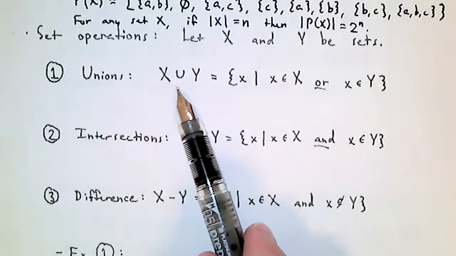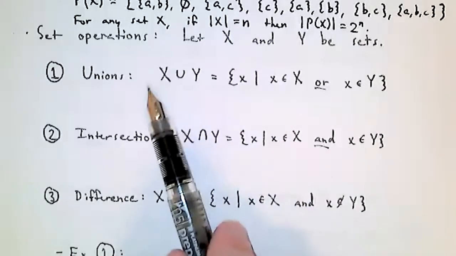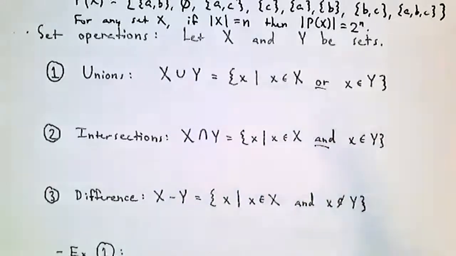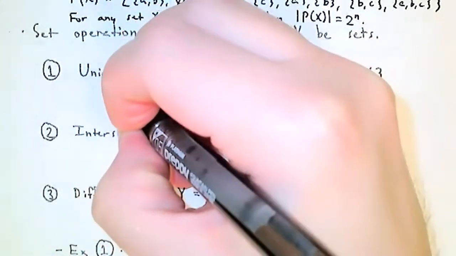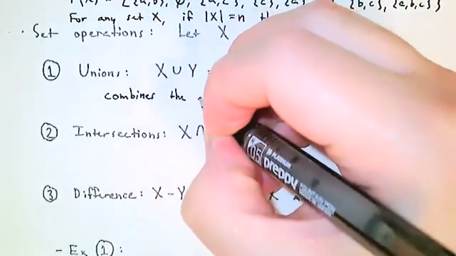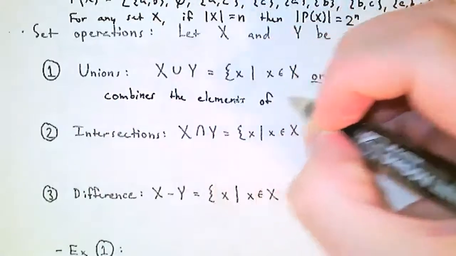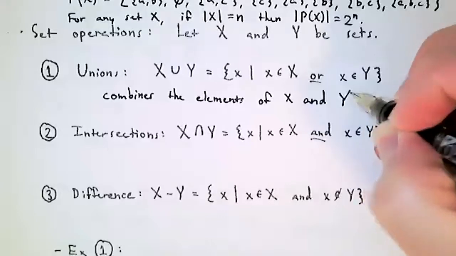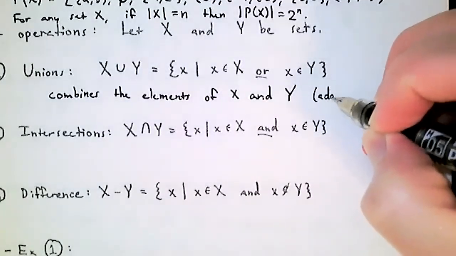The union of X and Y is the set of little x such that x is either an element of X or Y. So a union combines the elements of X and Y. So you might want to think of this as something like addition.